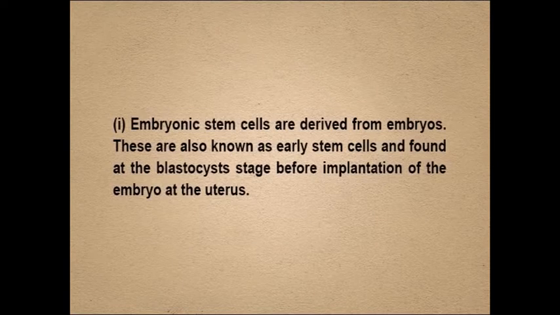These are also known as early stem cells and found at the blastocyst stage before implantation of the embryo in the uterus. The embryonic stem cells are pluripotent and can be developed into any kind of cells of the adult body when given the sufficient and necessary stimulation for a specific cell type.